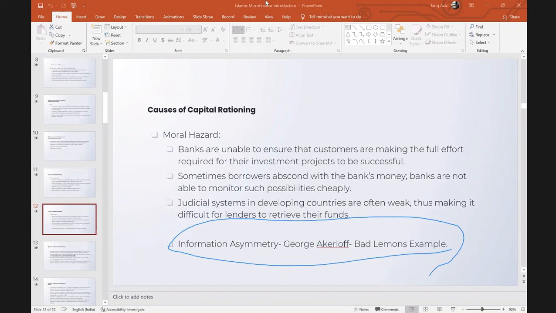So if it is difficult for the lender to ascertain the quality of the borrower, only bad borrowers will approach financial institutions, because they will think that the lender is not able to identify that we are dishonest and that we will not return the money. So only bad people will line up in front of the microfinance institution for taking loans. This problem is called the problem of moral hazard.